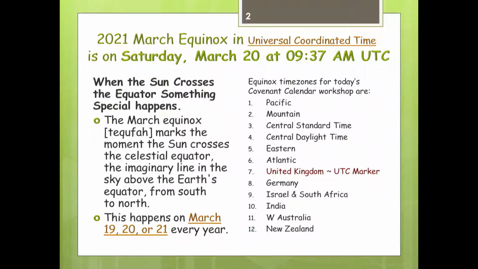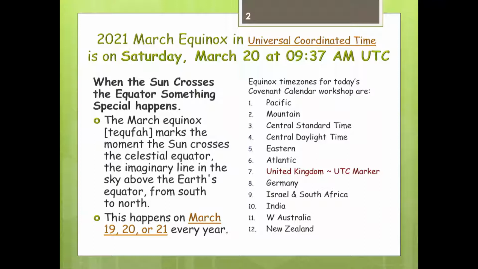Today we're going to be looking at some different time zones. I chose about 12 of them, where we have Covenant Calendar members from around the world, so that'll help you out a little bit. Pacific time zone, that's us here in BC and on the western coast of North America. Mountain, we'll have on the next one. There's Central Standard Time and Central Daylight Time. Some time zones never change to daylight time, and that makes a difference in calculating calendars, so you have to know that.